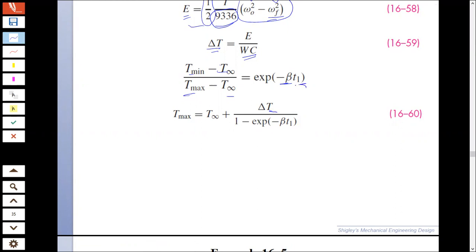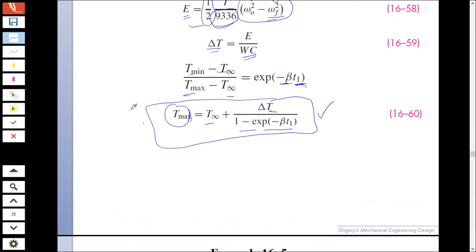So we can find out the maximum temperature that will result when we apply the brakes or the clutch, that will be equal to T ambient plus delta T over 1 minus exponent of minus beta T1. Now, though this equation does give us somehow an idea of how much the temperature is going to rise, there are other factors too, so this might not agree with the experimental data.